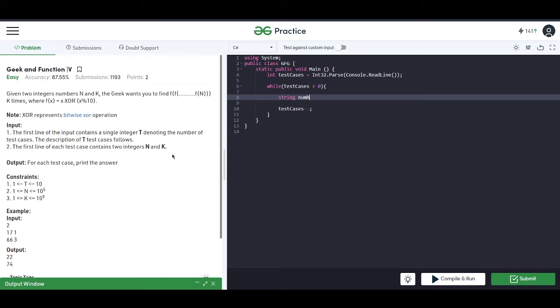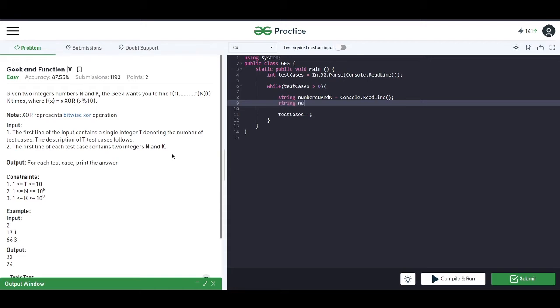The second line will contain n and k. Split it into an array and we'll call it nums. Copy paste this.